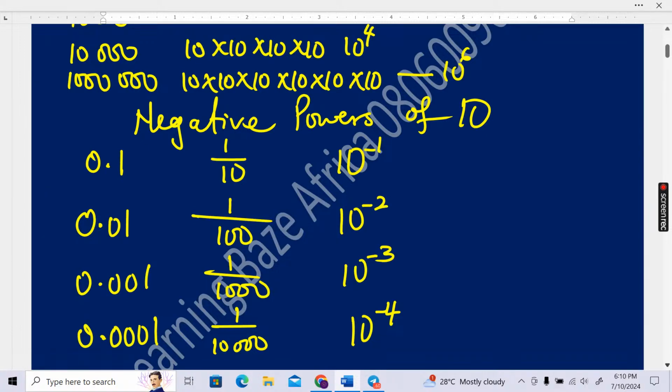So you can have all of these as large as you want it to be. So these are negative powers of 10.